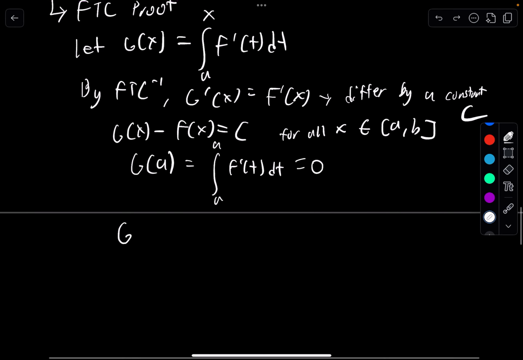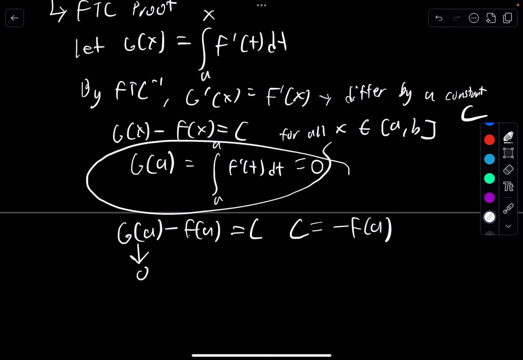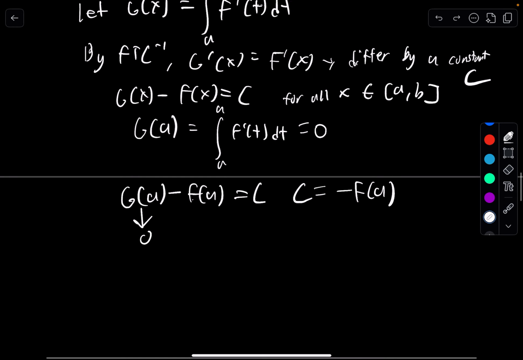And g of a minus f of a is also equal to the constant. So c is just negative f of a because g of a is just 0. We just showed that here. Okay, bear with me. We're almost there.